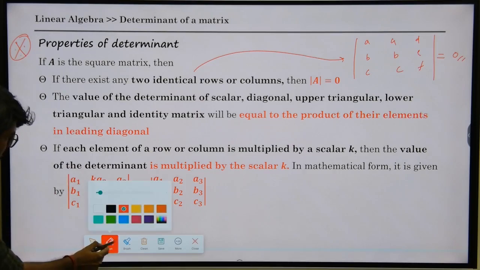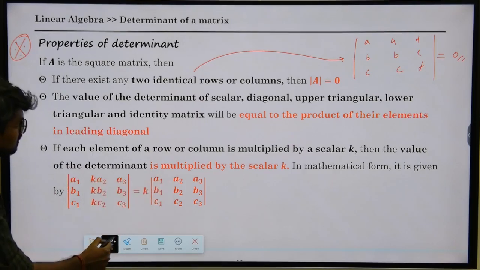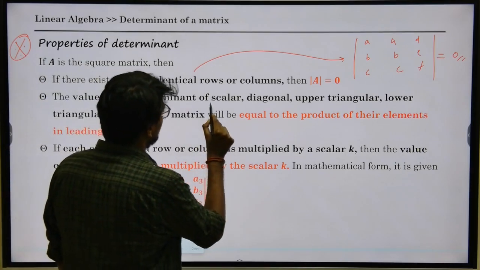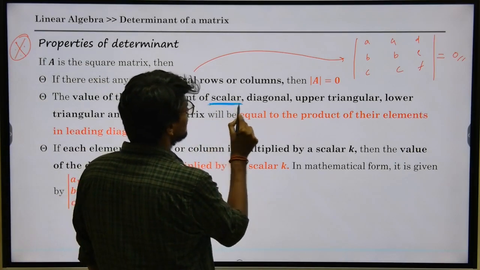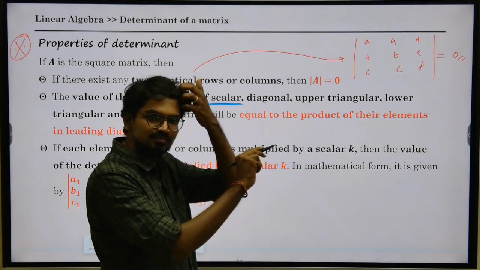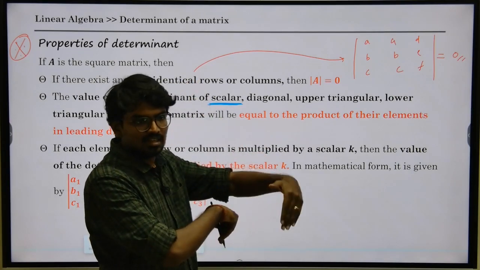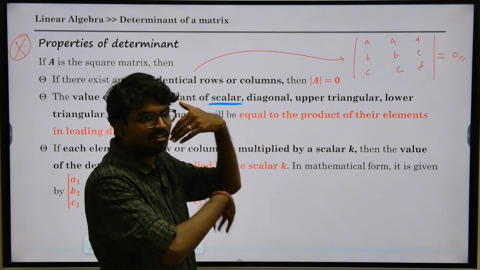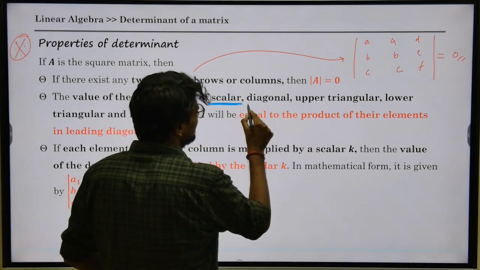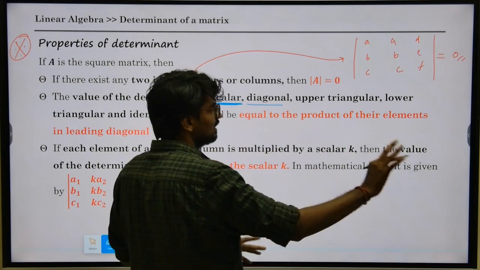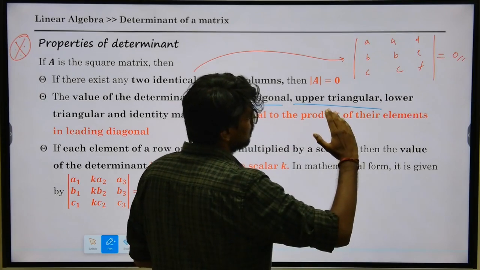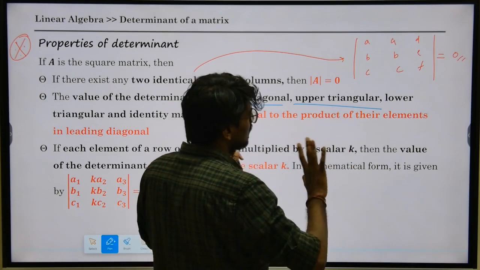Next, determinant of a scalar matrix. What is meant by a scalar matrix? It's a diagonal matrix where the diagonal elements are all the same. Diagonal matrix we already know, only diagonal elements will be there, other elements will be 0. Upper triangular matrix, below the leading diagonal all elements are 0.